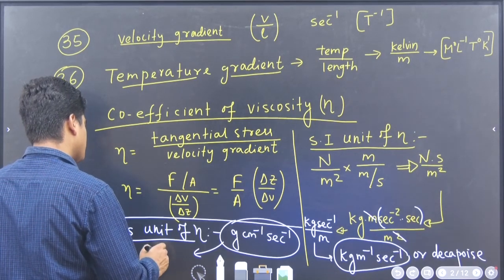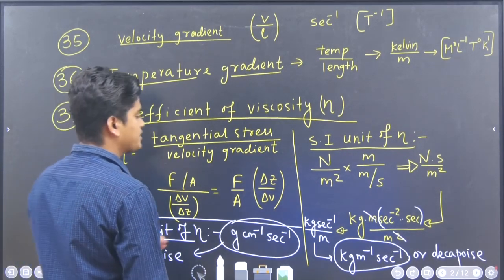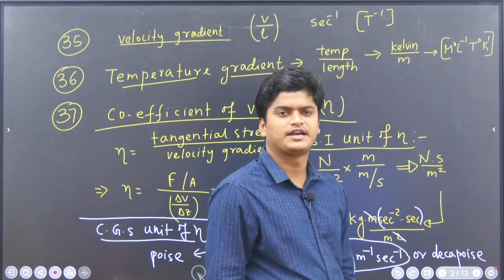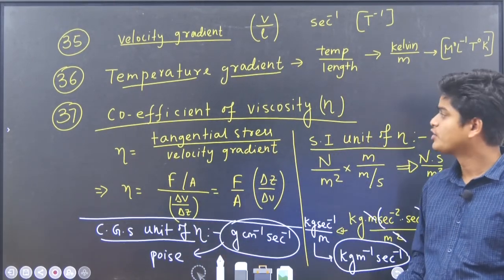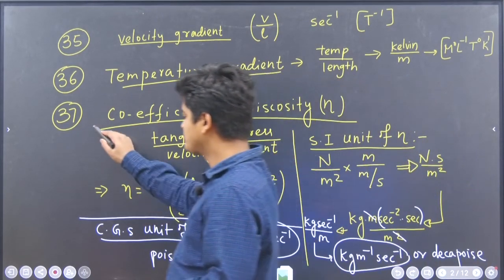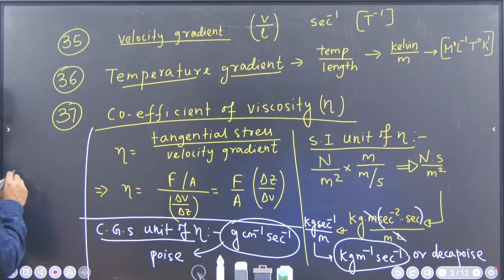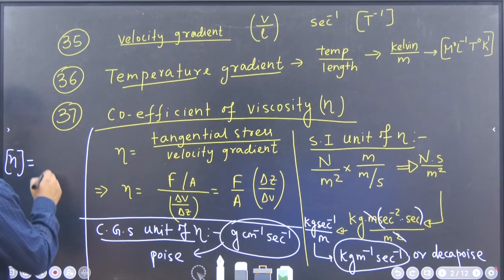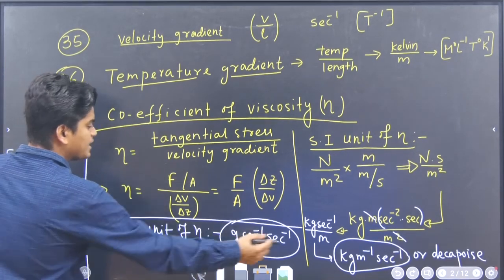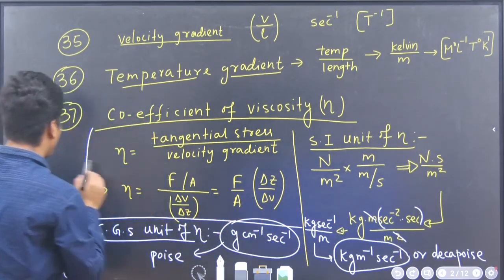This one is also called poise, but the SI unit is basically called decapoise. Deca means 10. So it is 10 poise. Okay. Now if you want to write the dimensional formula for the coefficient of viscosity, you see it is coming kg, that means mass to the power 1.